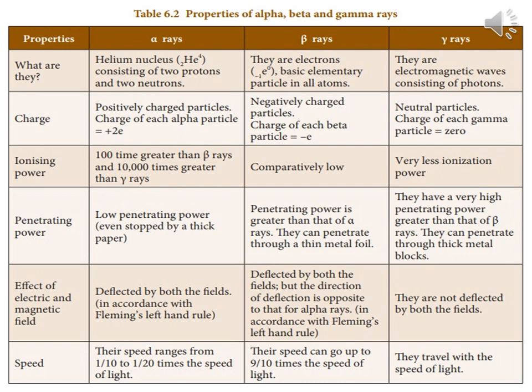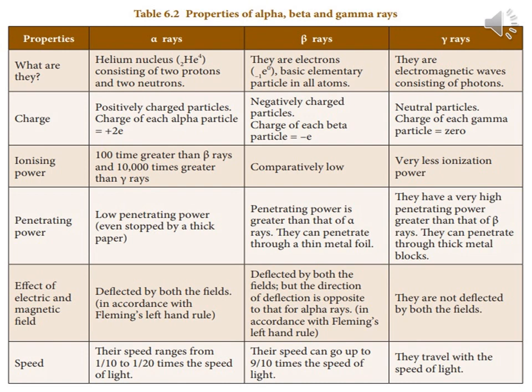Now let's compare the properties of alpha, beta and gamma rays. First of all, we will discuss what these particles and rays are. Alpha particles consist of 2 protons and 2 neutrons. Beta particles are basically electrons present in the nucleus.